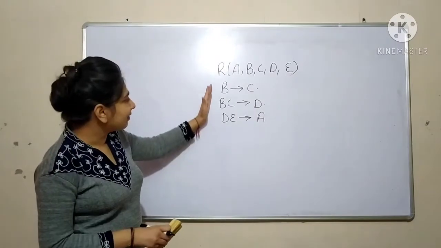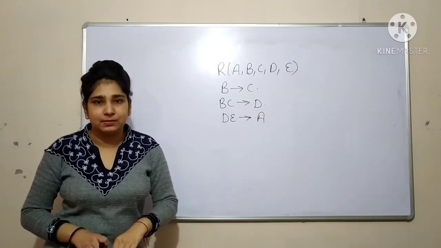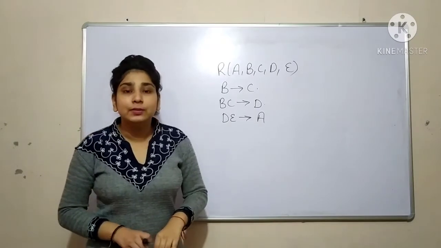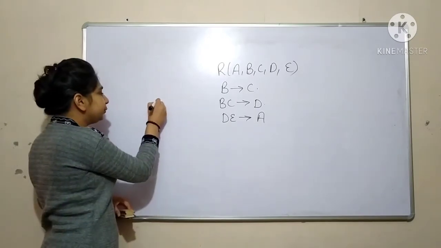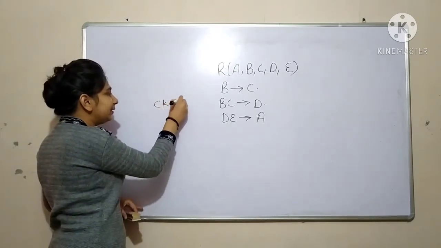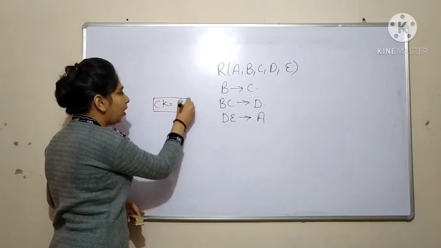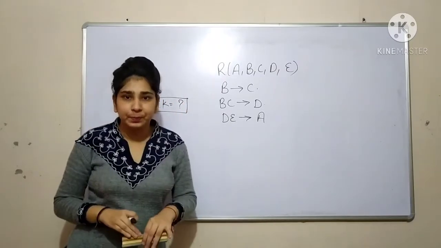These are the functional dependencies. Now I want to find the candidate key of this relation.